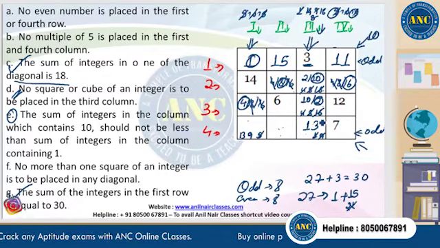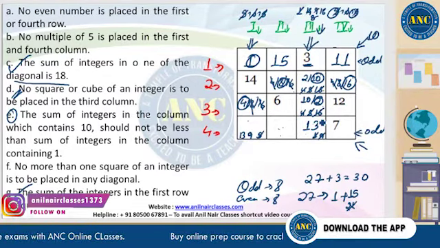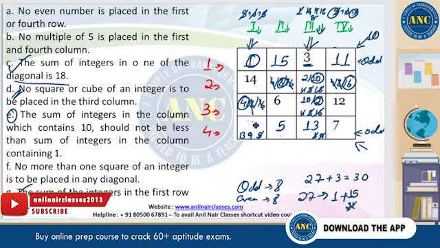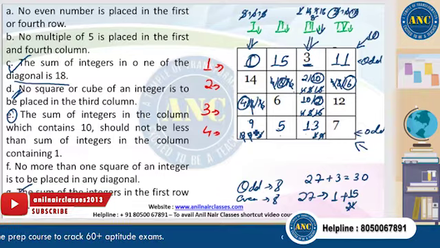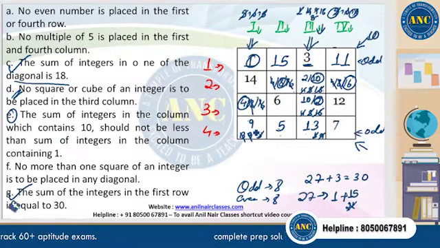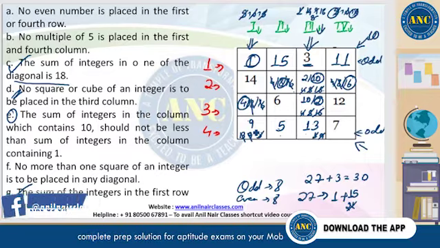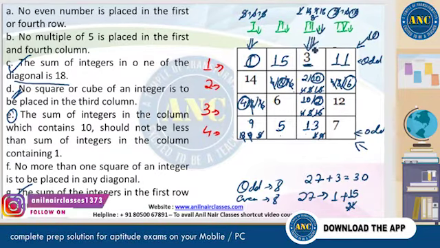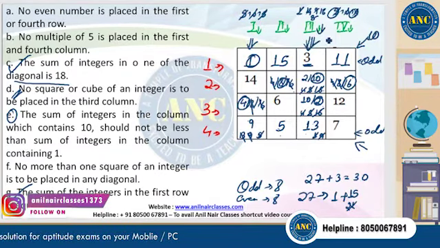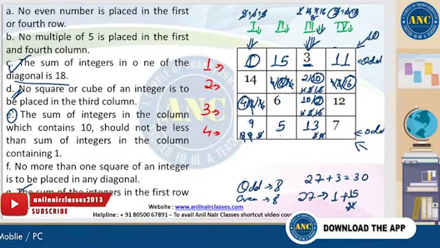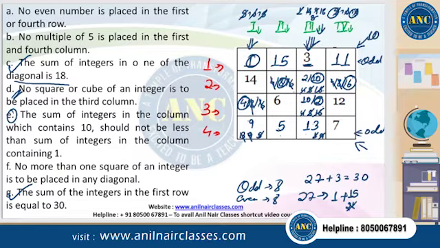Which means if 13 is here, the other 5 should come here and the 9 should come here. There's not much to guess here. So 19 plus 9 makes 28, and column 3 is also 28, which is 15 plus 13. That fits everything in place.